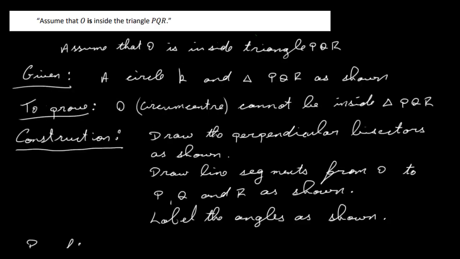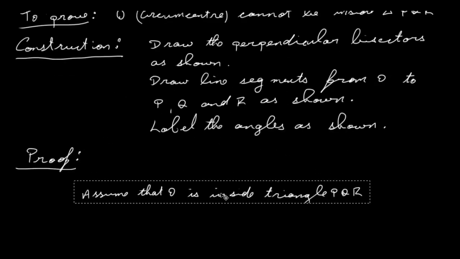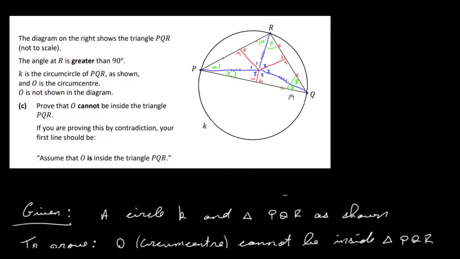So we're going to start with this here. We're going to use this here. Assume that O is inside the triangle PQR. So we're going to take this and I'm just going to drop it down here. This is how we're going to start. Now, what I'm going to do is look at the triangle PQR and add up the three angles to give me 180 degrees. So alpha plus gamma plus alpha plus beta plus gamma. So when I add all these angles up, I should get 180 degrees.